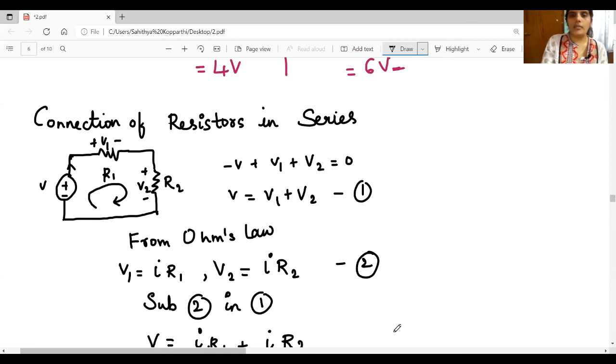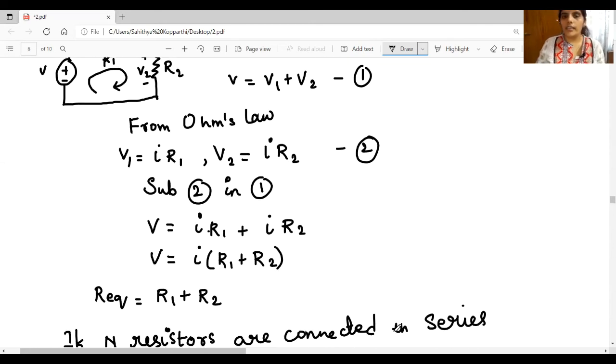So here we can write I is equal to V divided by R1 plus R2. Let this be equation 3.